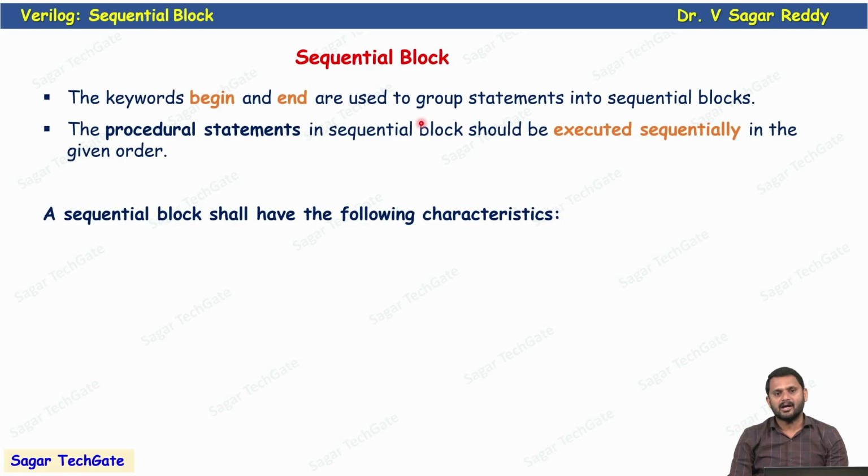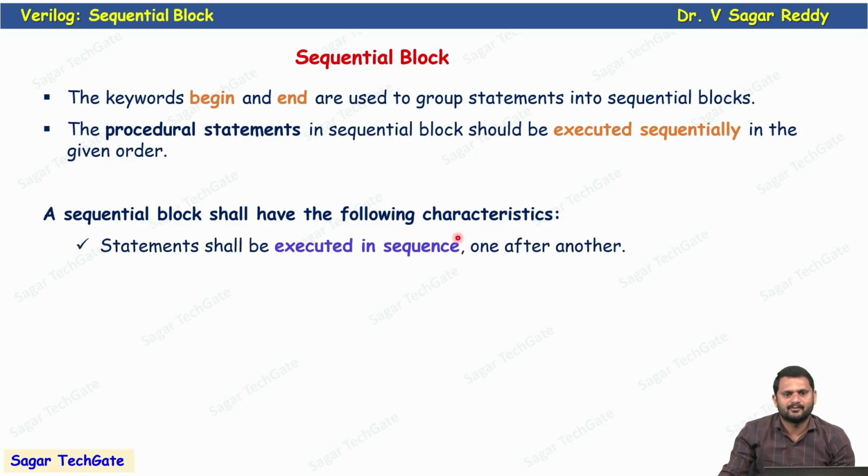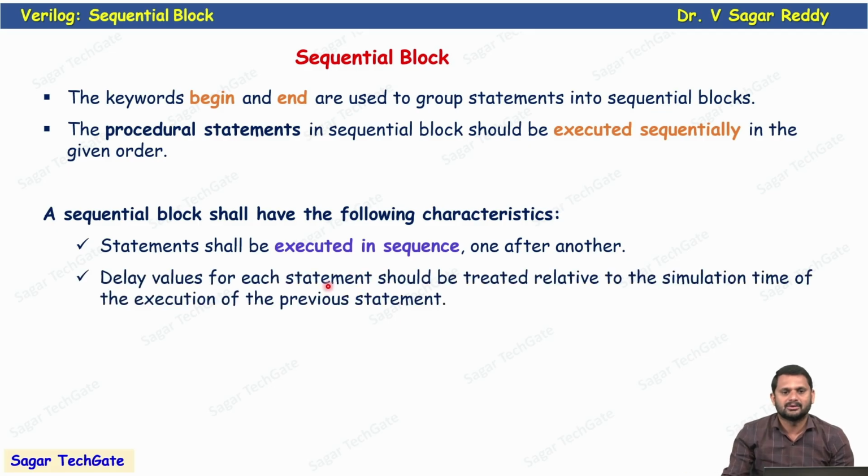A sequential block has the following characteristics. Statements shall be executed in sequence, one after another, which is why we call it a sequential block. Clear? The delay values for each statement should be treated relative to the simulation time of the execution of the previous statement.